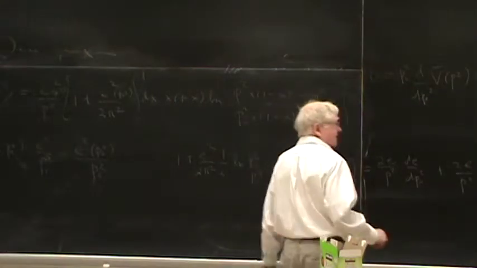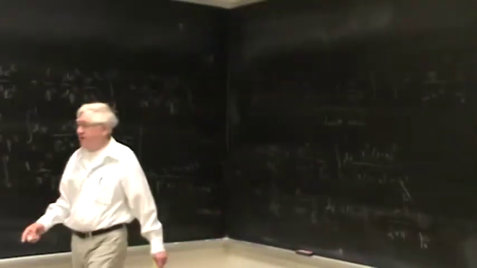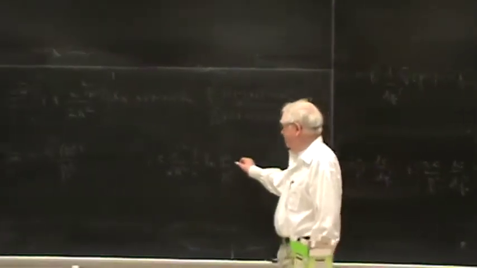We were doing d by dp0 squared, and then set p squared equal to p0 squared, and this thing is 0.